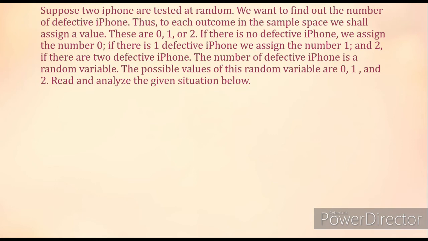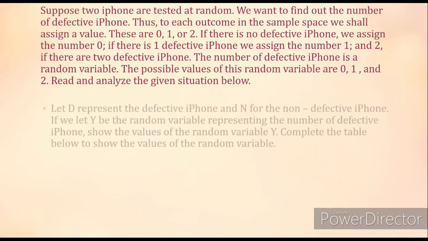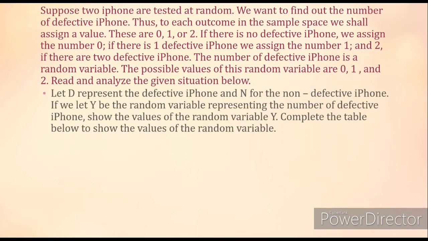Let us read and analyze the given situation below. Let D represent the defective iPhone and N for the non-defective iPhone. If we let Y be the random variable representing the number of defective iPhones, show the values of the random variable Y. Complete the table below to show the values of the random variable.